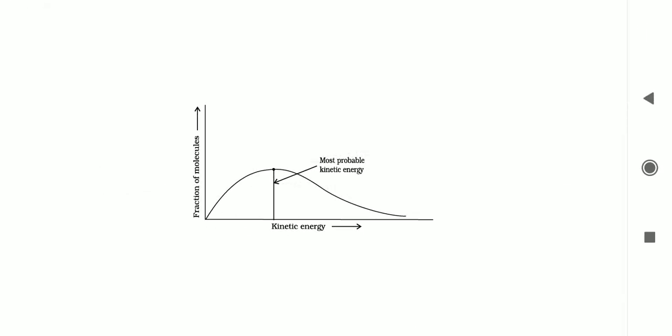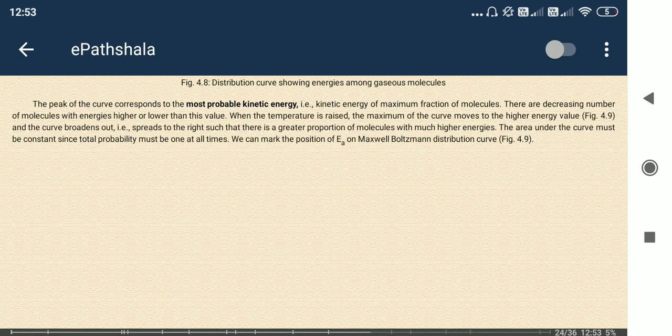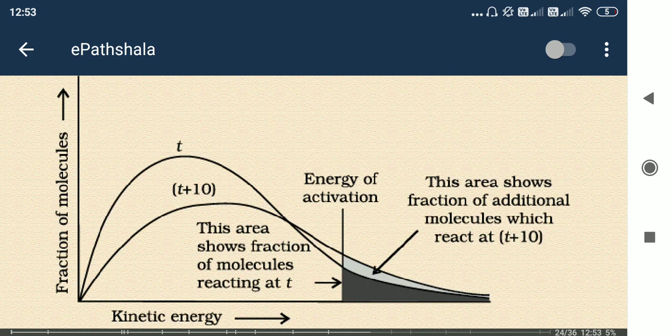Here you can see the most probable kinetic energy, the fractions of molecules. That most probable kinetic energy is needed for the conversion. The reactant is converting to product, but not all, only a fraction of the molecules get converted to product.